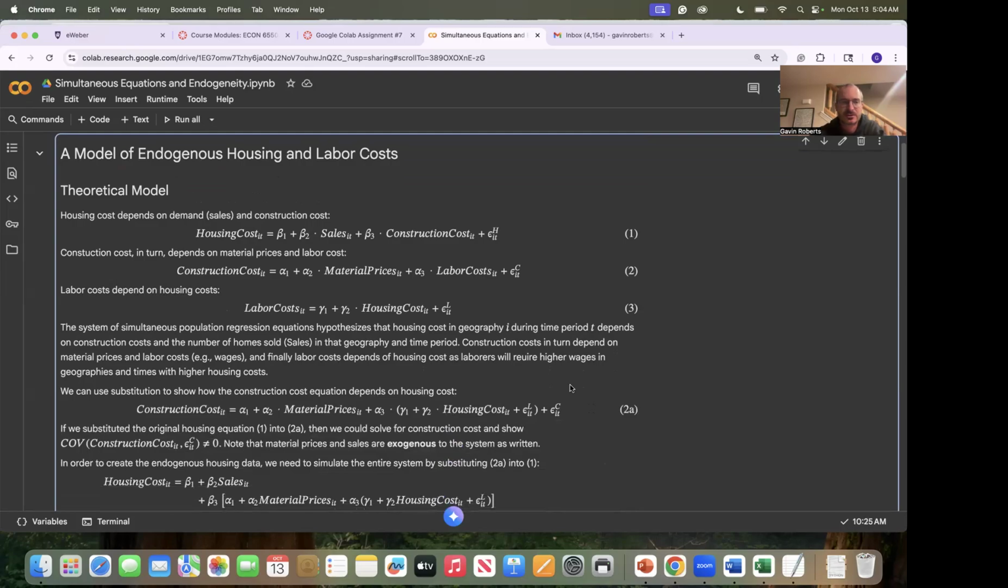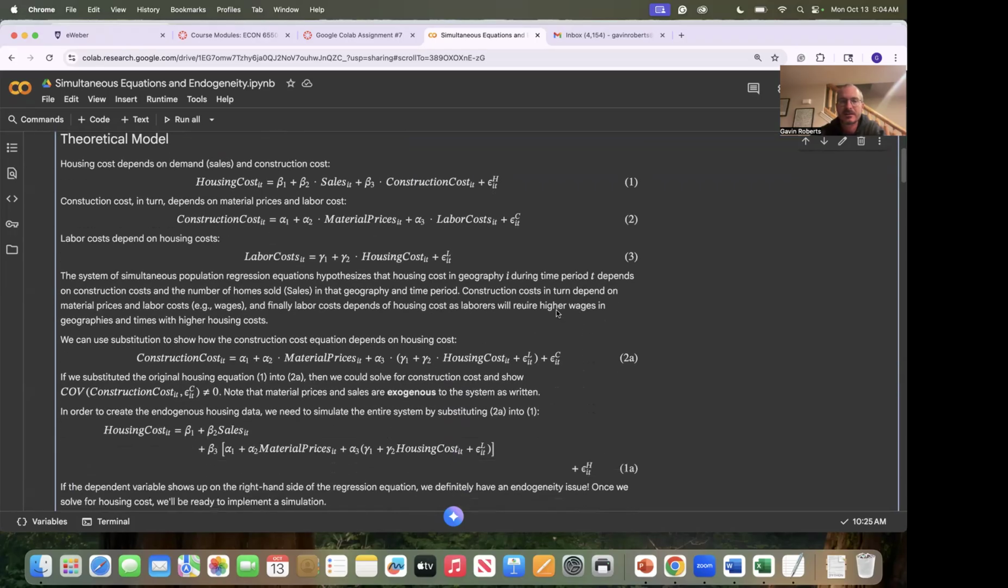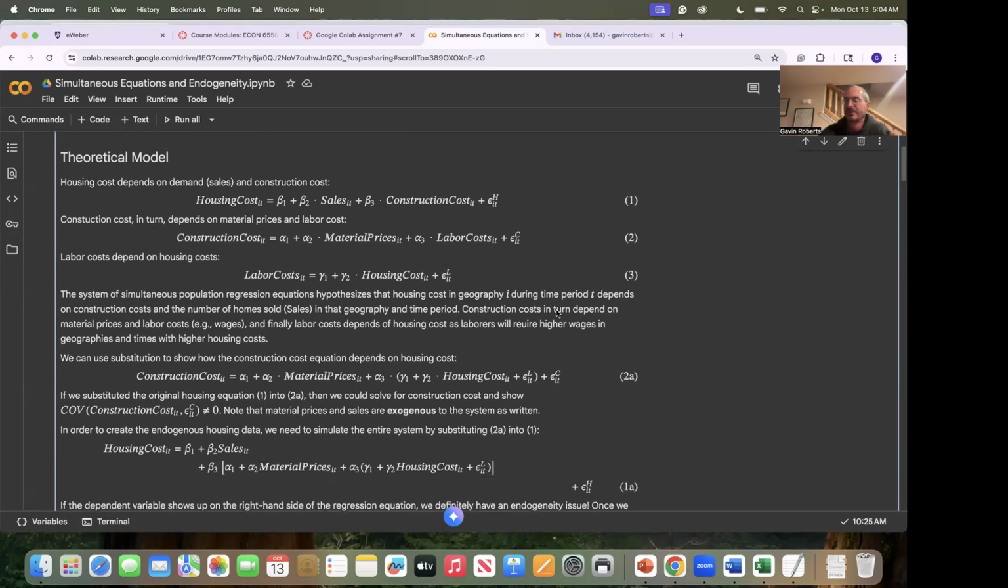So, first, I'll just show you this model of endogenous housing and labor costs. And this would be a great thing to think about if you're thinking about something with a simultaneous system for your project. So we're starting out by just setting up an equation saying housing cost is going to depend on demand, which we're going to just proxy by the number of sales.